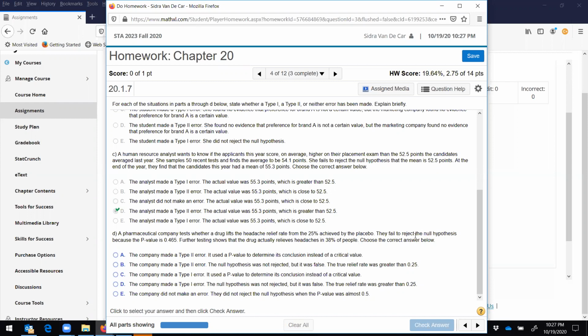So I failed to reject the null when I should have. The null is actually false. That's a type 2 error, right? The null hypothesis was not rejected, but it was false. The true relief rate is greater than 0.25.